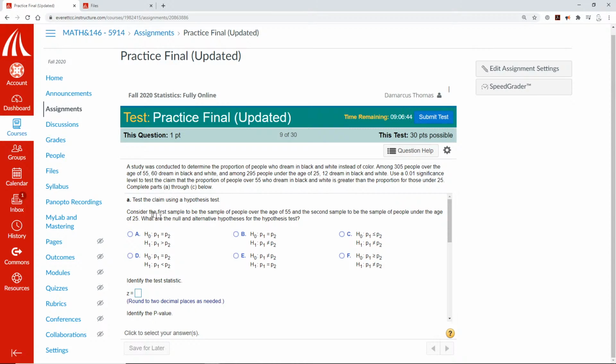Now, they tell us to consider the first sample to be the sample of people over the age of 55, and the second sample to be the sample of people under the age of 25.